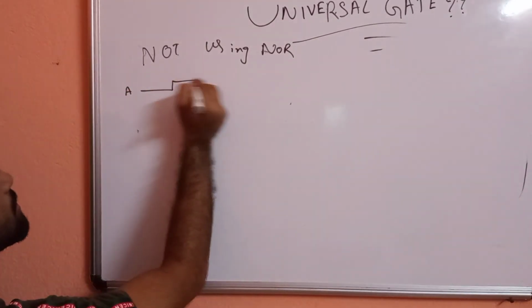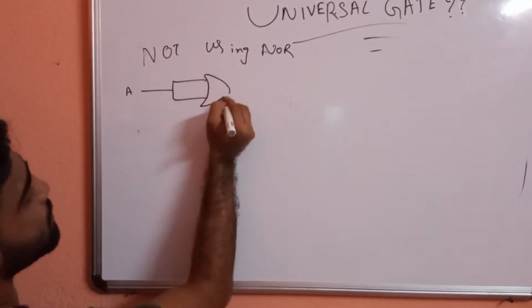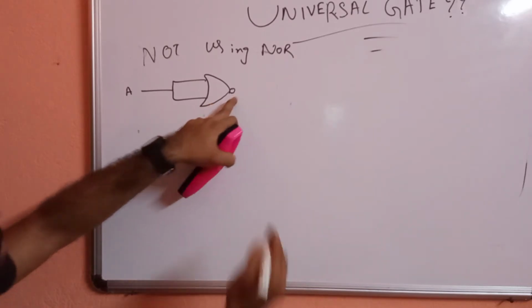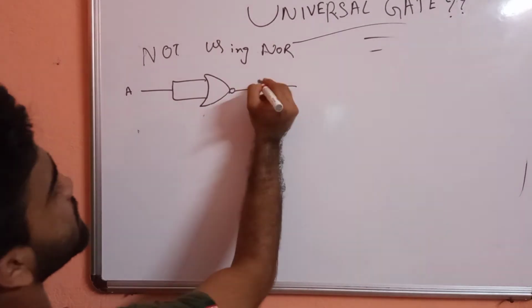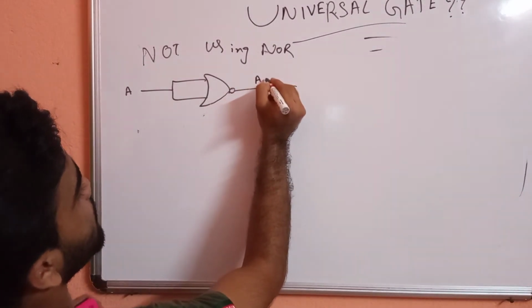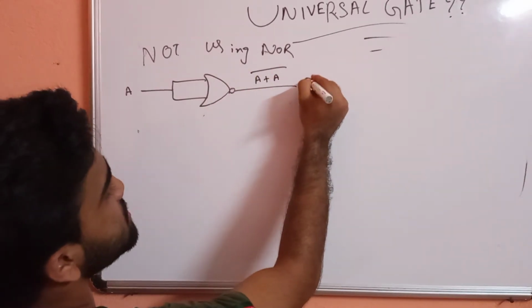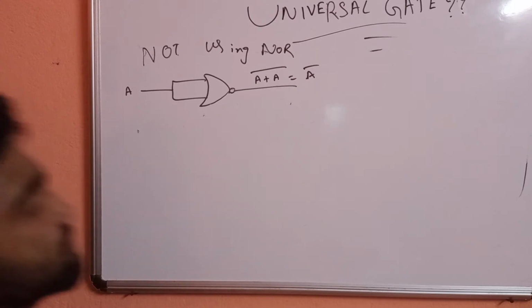Okay, doing this. This is OR, negation of OR. This bubble is negation. That means A or B whole negation, which gives us A bar. Correct? Am I right? Carefully watch it.